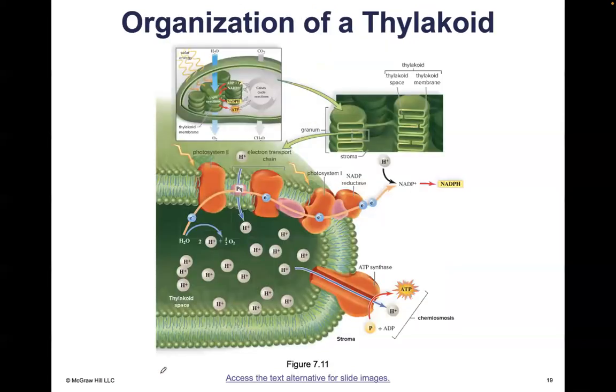Now we want to talk about the organization of the thylakoid. Among the things I've mentioned to you before in the class is that once solar energy strikes the thylakoids, water is passed through it. The reaction inside the thylakoid membrane is called the light reaction, whereby it splits the water molecule and O2 is released as a product.